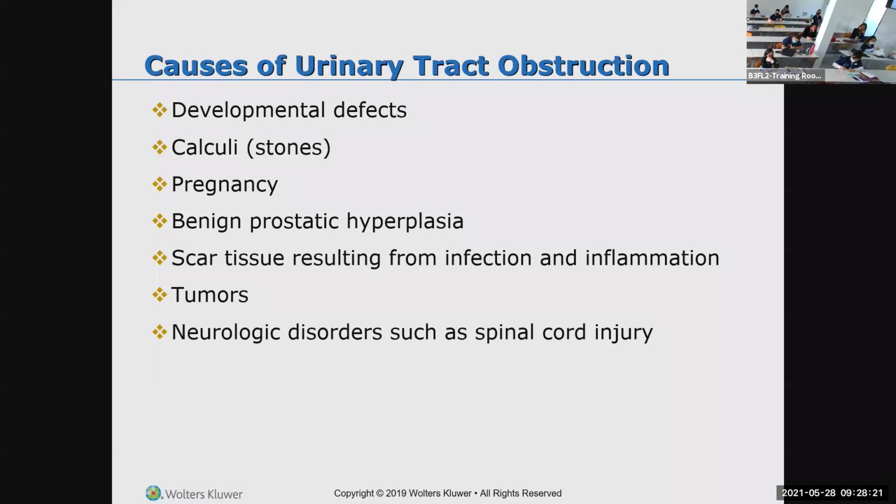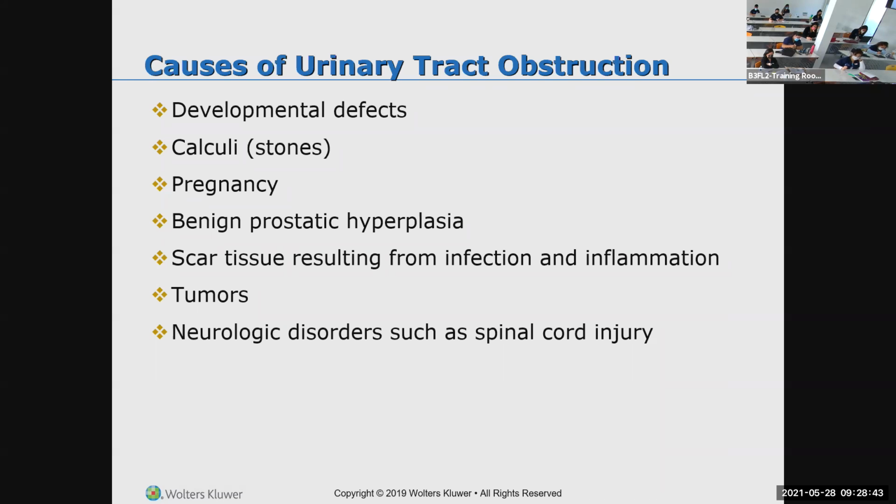Okay, so please remember, now we do have scar tissue resulting from infections, repeated infections and inflammations. We do have tumors, maybe benign or maybe malignant. Neurologic disorders, such as spinal cord injuries.